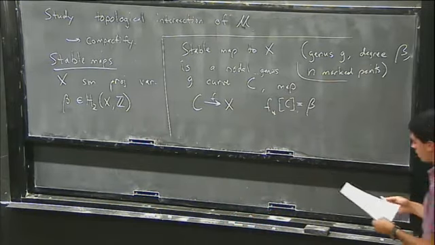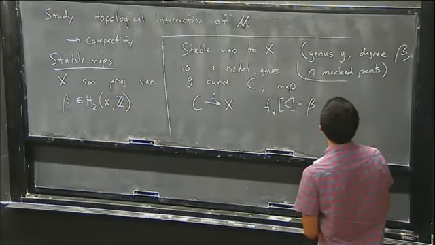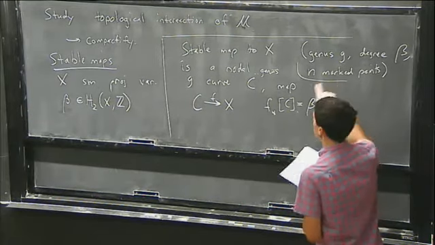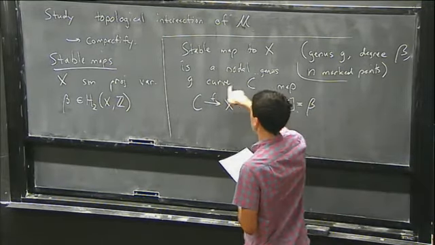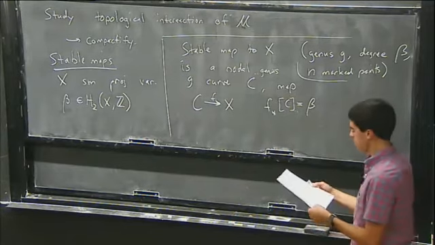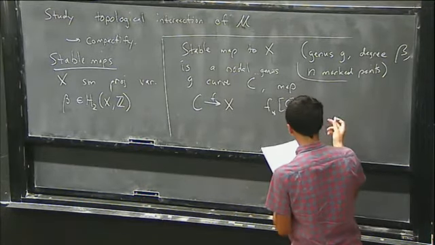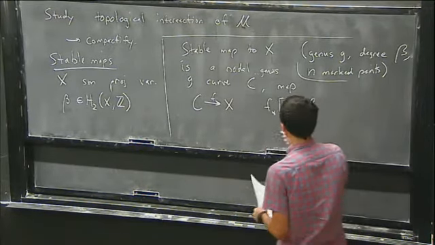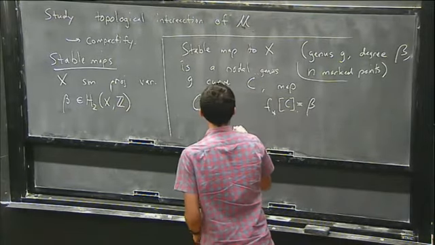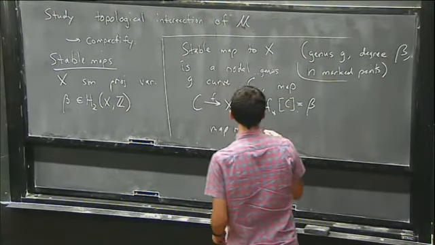And there's one more condition. I did say n marked points, so this is actually a curve with n points remembered on it that I'm going to use later. And this map has to have no infinitesimal automorphisms.